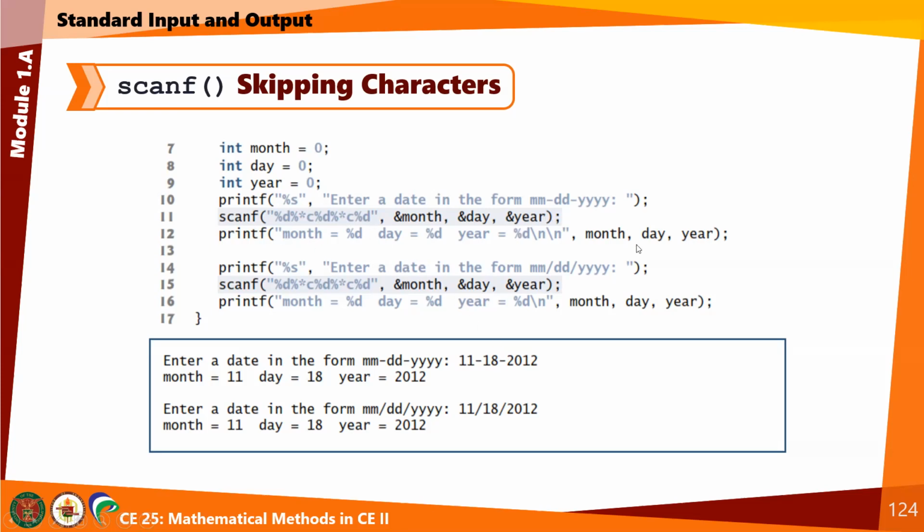So then it will print the month, day, and year. Like this one. So of course, yun nga yung sinabi ko kanina, kahit anong character yan, i-skip lang siya nung scan. Okay? So very useful siya if you want formatted input.